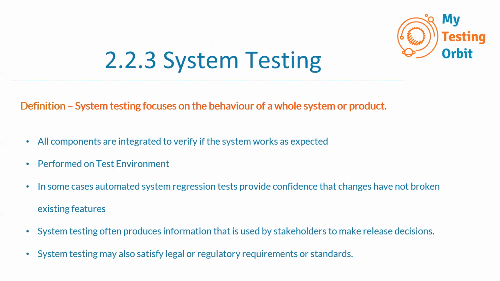So we'll start with the definition of system testing. System testing focuses on the behavior of a whole system or product. As we go up the test level pyramid, we need to start thinking about how each test level is different from the previous ones.